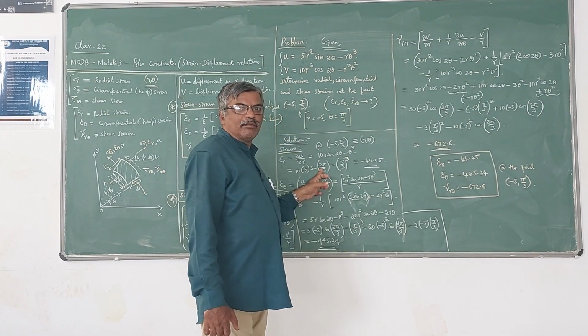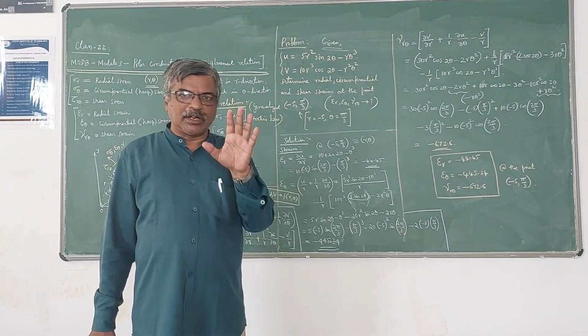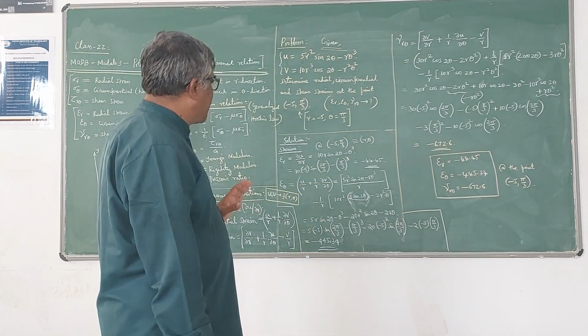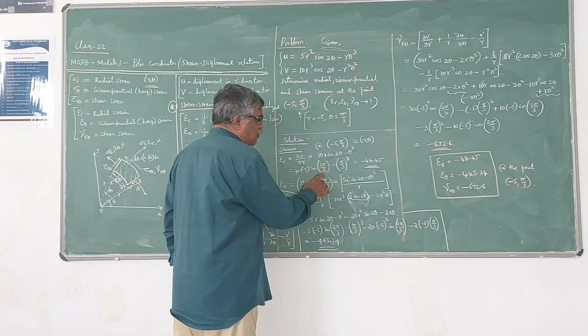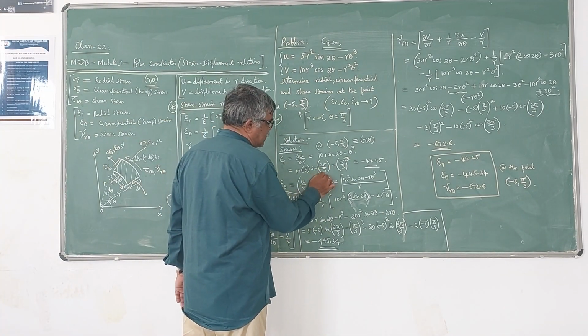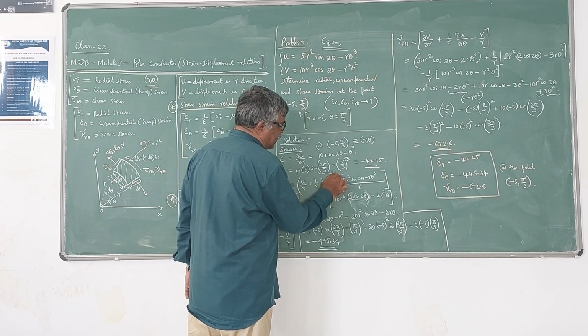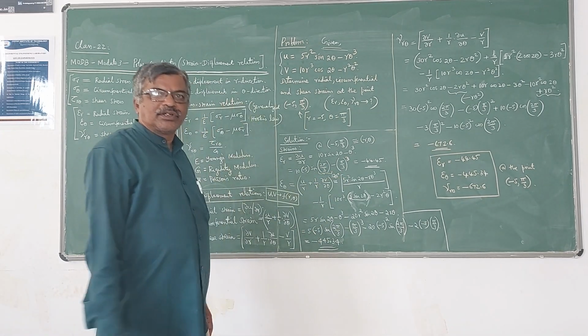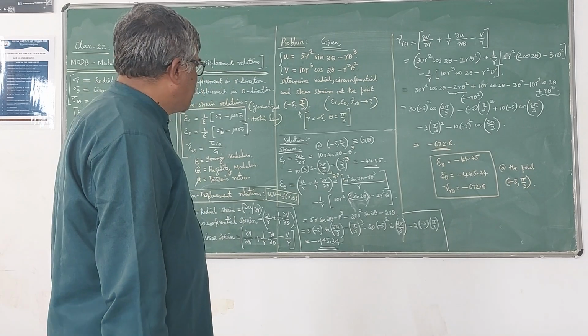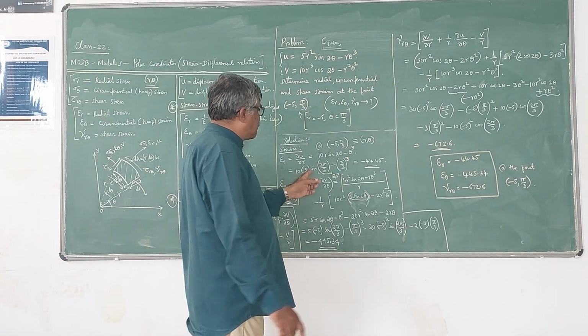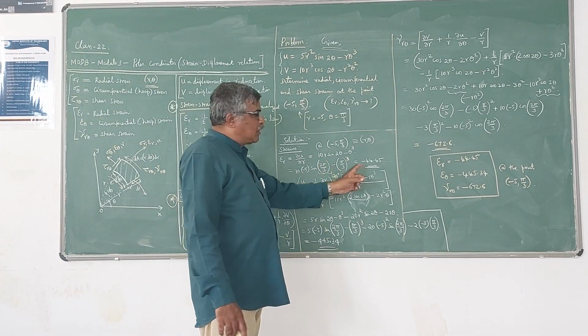Please note that pi radian is 180 degree, so 2 pi by 3 is 120 degrees. So you have to take it as 120 degree in the calculator when you are using degree mode. Otherwise, if you just substitute sin 2 pi by 3, you will get a different answer.